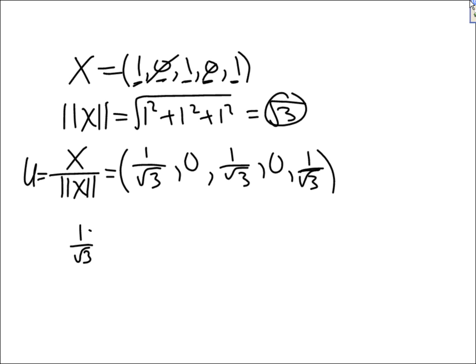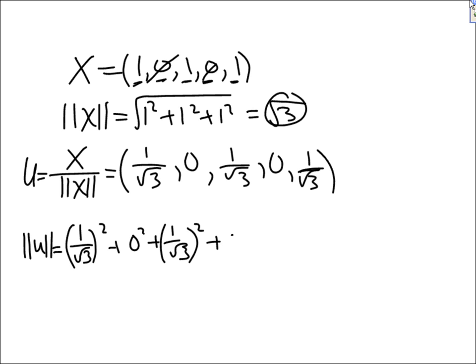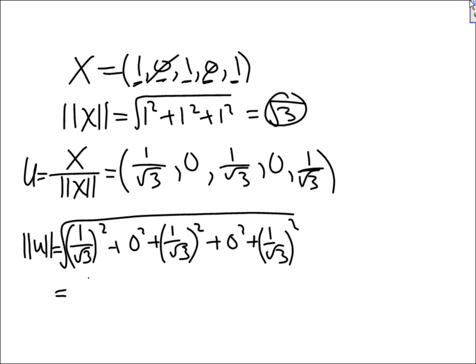The length of u is 1 over square root of 3 squared plus 0 squared plus 1 over the square root of 3 squared plus 0 squared plus 1 over the square root of 3 squared. Square root. Well, 1 squared is 1.